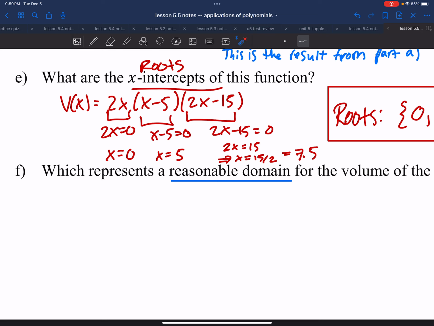Now the thing is, this is a cubic function, and x cubed has all real numbers as its domain, always. Any cubic function's domain is all real numbers. But is it reasonable? Does all real numbers make sense within the context of the problem?